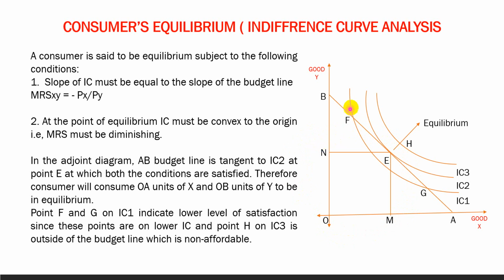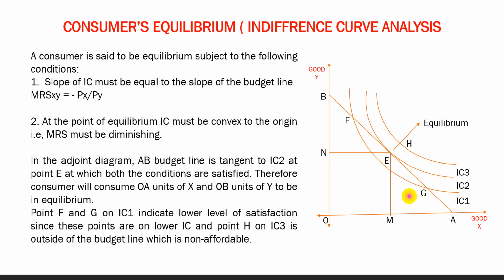But see, on IC1 there are two points, F and G. These are also feasible, but F and G lie on IC1, which is a lower indifference curve compared to IC2.